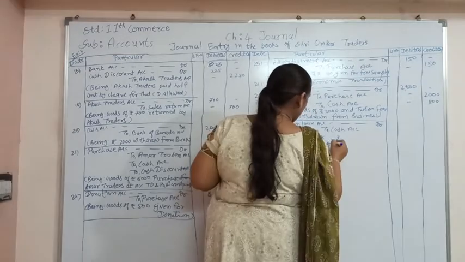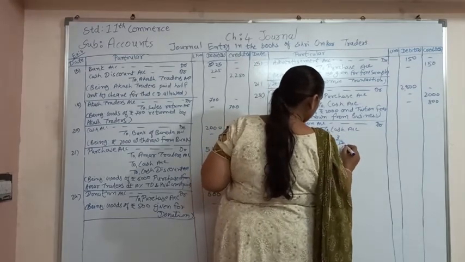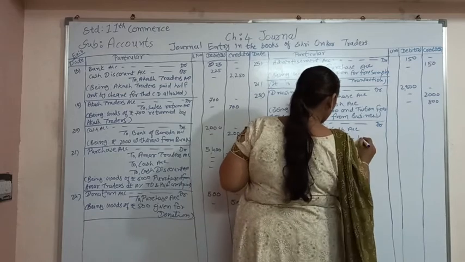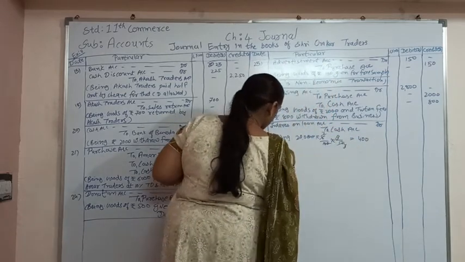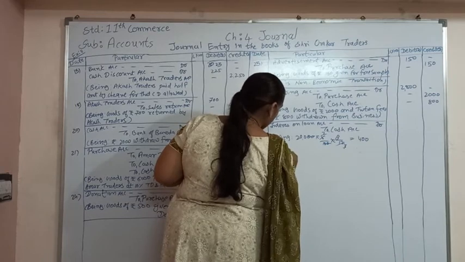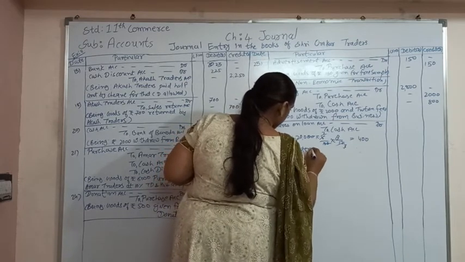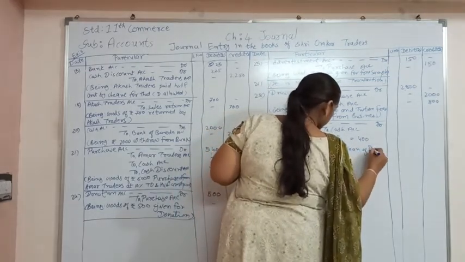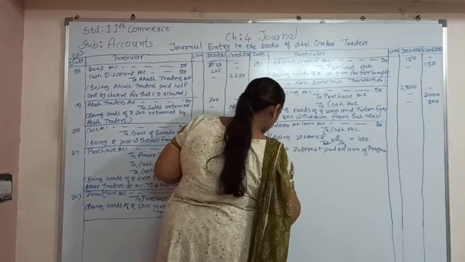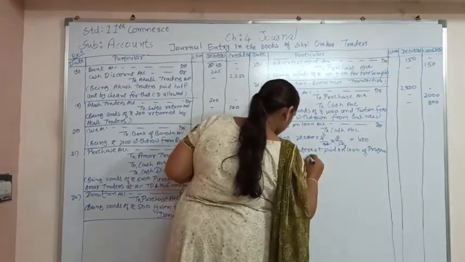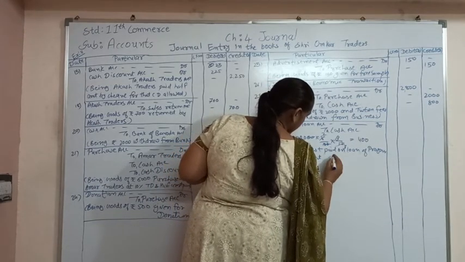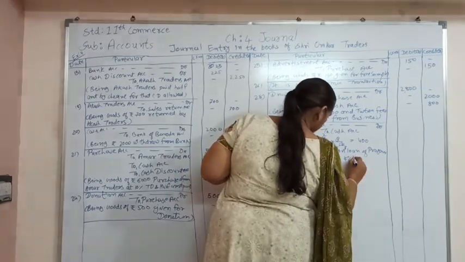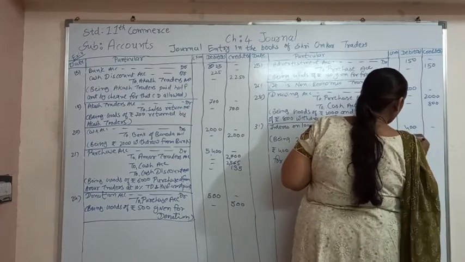So here we can calculate, 4 3 12. So here the interest amount will be 400, and here being rupees 400 interest paid on loan of Pragna for 3 months at the rate of 8%.